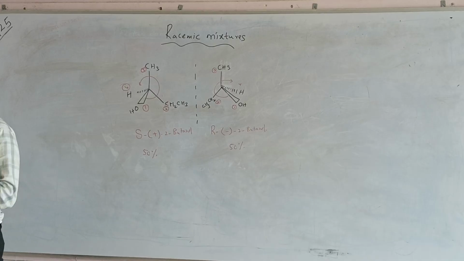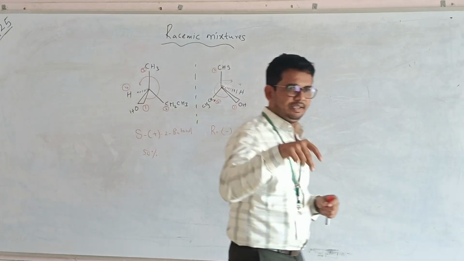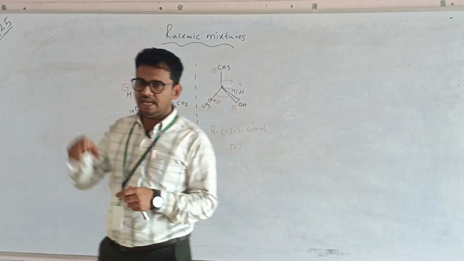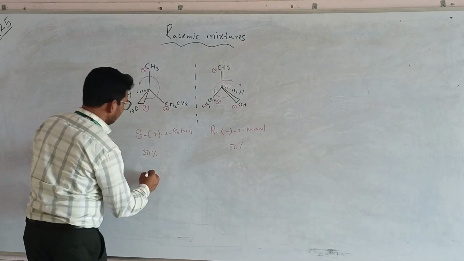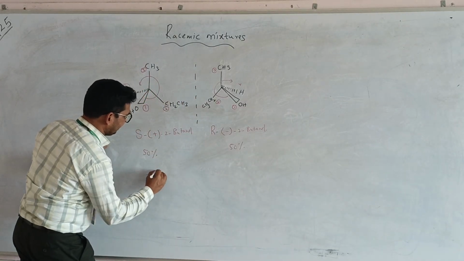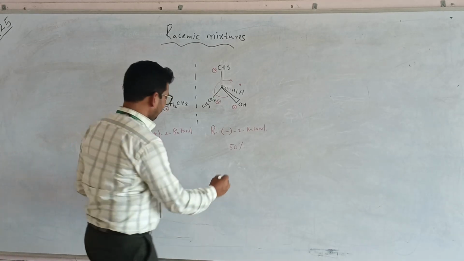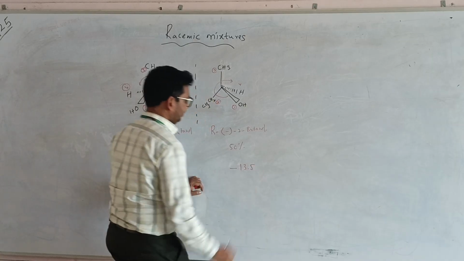For example, what is the optical rotation for the racemic mixture? Is it optically active or optically inactive? How can you say inactive? Because they are present in the same mixture. Good. You understood. The degree of rotation of this one is plus 13.5, and the degree of rotation for this one is minus 13.5.